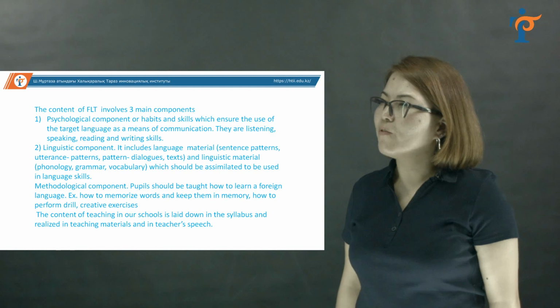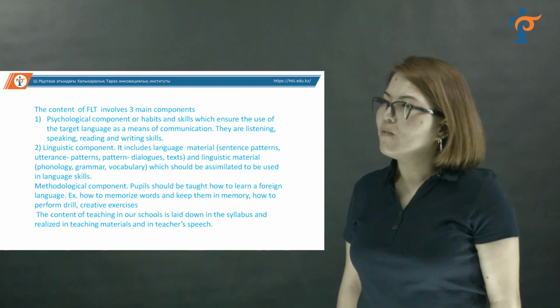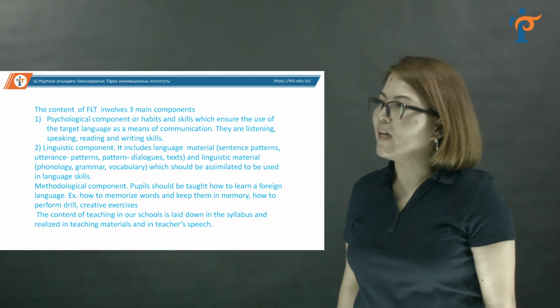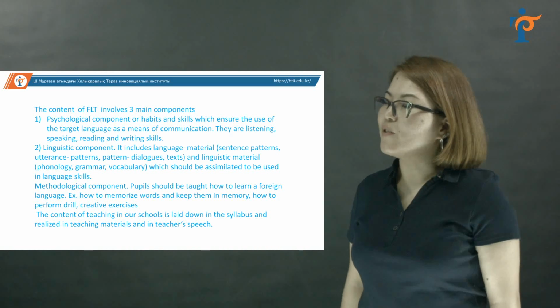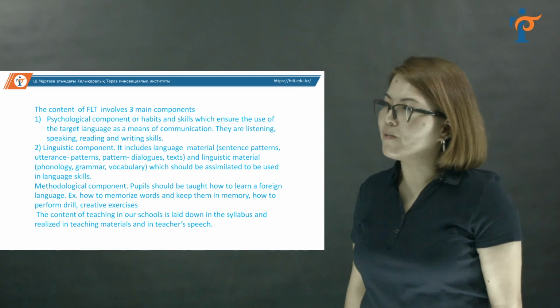The content of foreign language teaching involves 3 main components: a psychological component, or habits and skills which ensure the use of the target language as a means of communication. They are listening, speaking, reading, and writing skills.